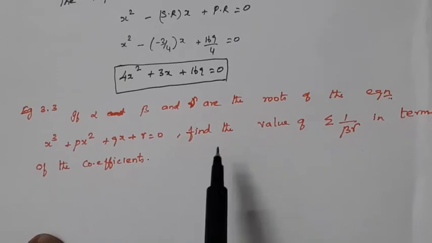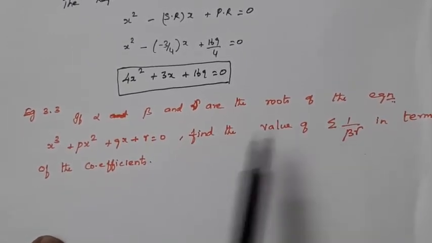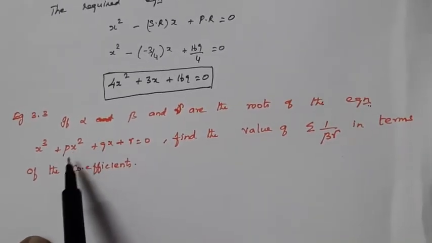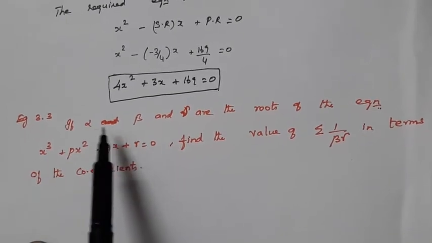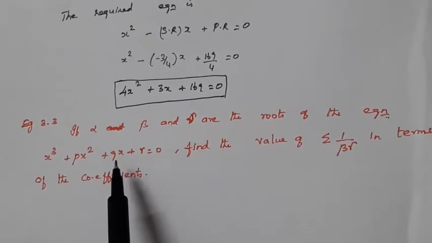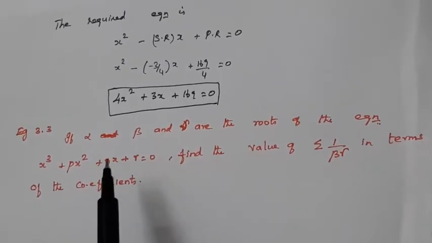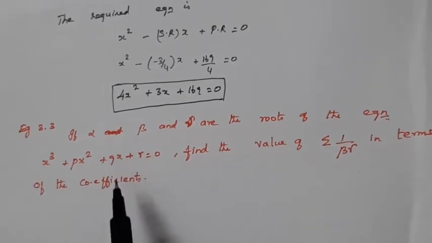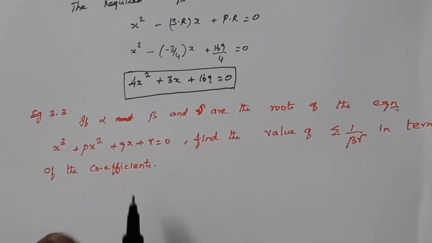In order to find this value, first of all you have to find sigma 1, sigma 2, sigma 3 for the given equation, according to the equation.